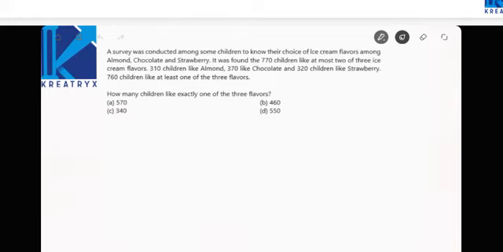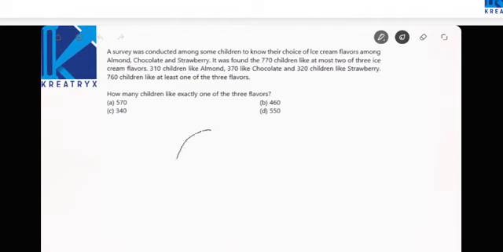Right. Now next question. A survey was conducted among some children to know their choice of ice cream flavors among almond, chocolate and strawberry. It was found that we don't know the total number. Okay. Next, it was found that 770 children like at most two of the three ice cream flavors. So let us draw the diagram first.